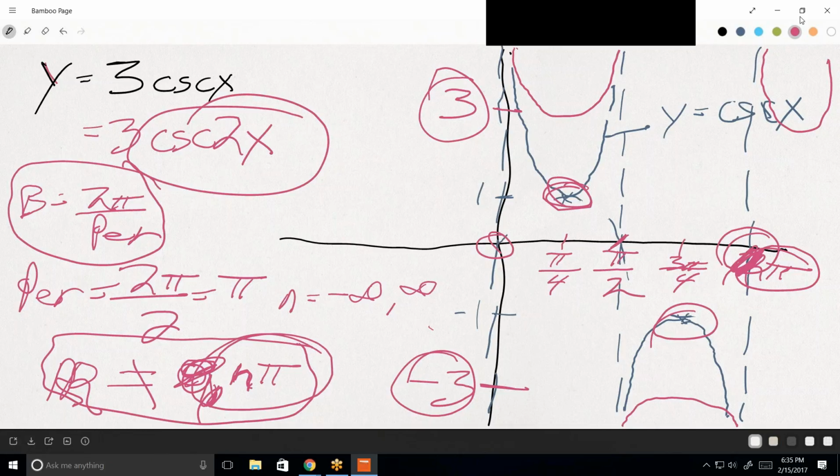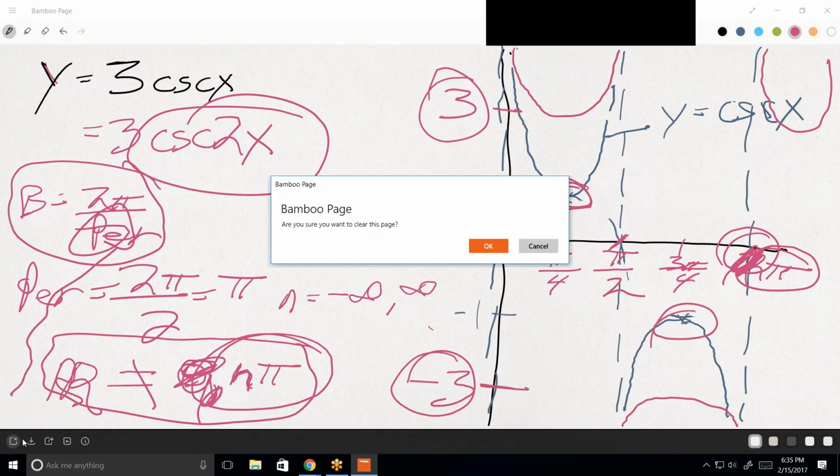Now, let's talk about tangent for a minute, because tangent's a little different in how you define the domain. Just a second, I seem to have lost my cursor here. There we go.